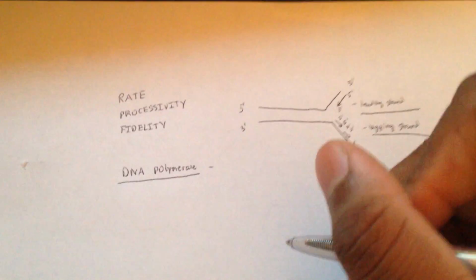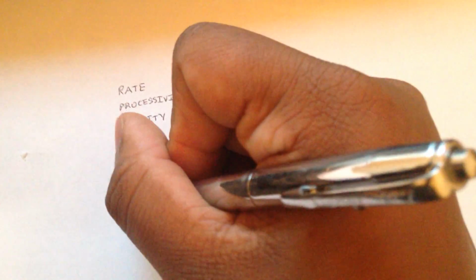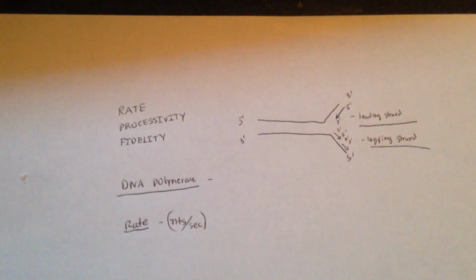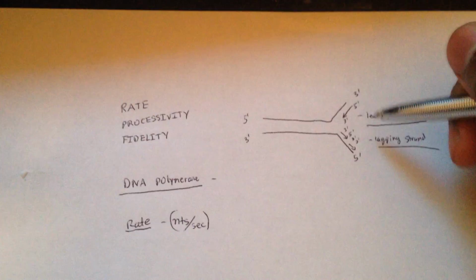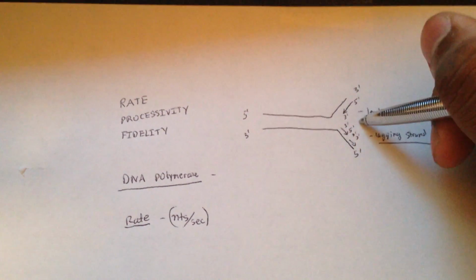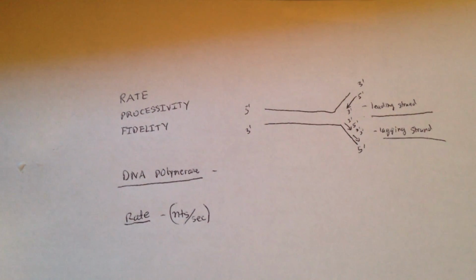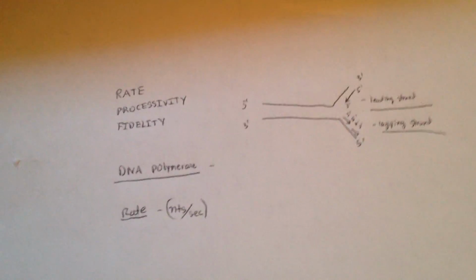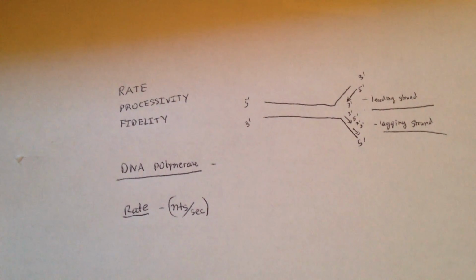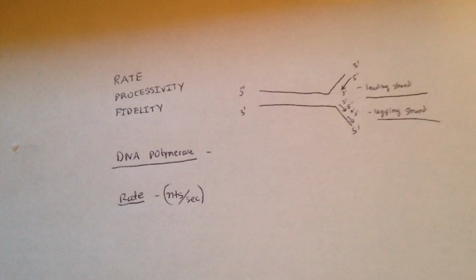Alrighty then. Now, first, let's talk about rate. What does rate mean? Rate refers to the number of nucleotides per second. Thus, the number of nucleotides incorporated into these strands in a given time frame. So it's almost like a velocity term, you could say that. And the rate varies.